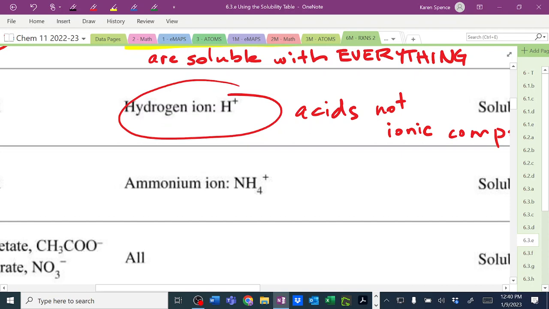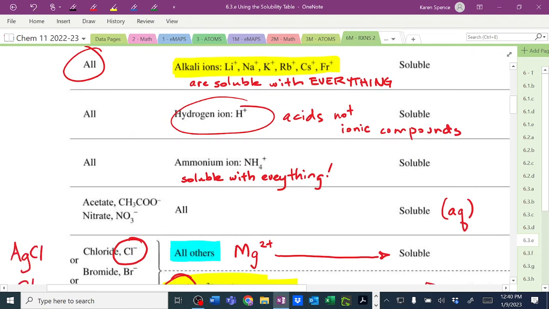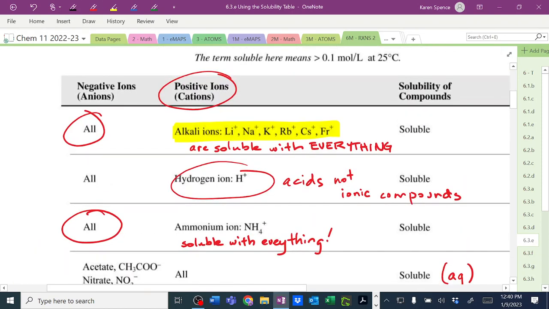Ammonium, yes? NH4 plus is soluble with everything. And why do we know that? Because it says it is soluble with all anions.